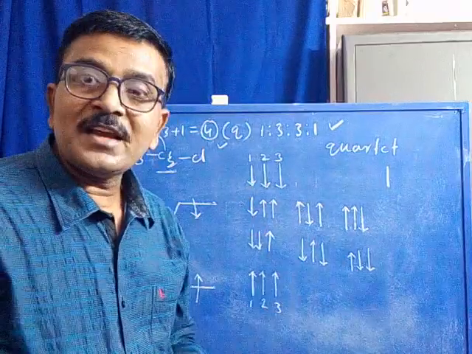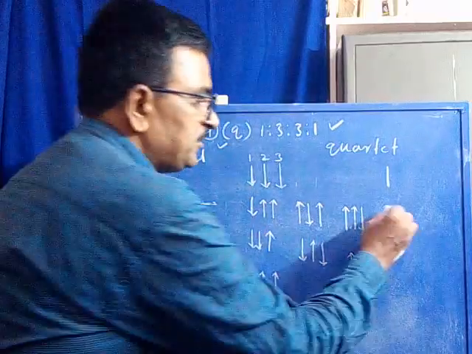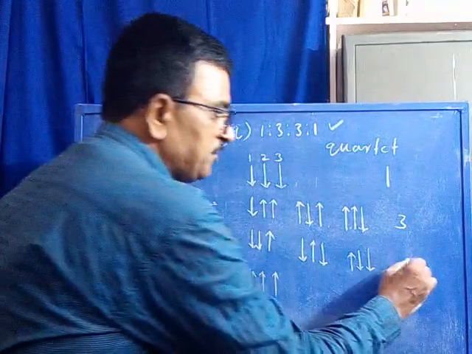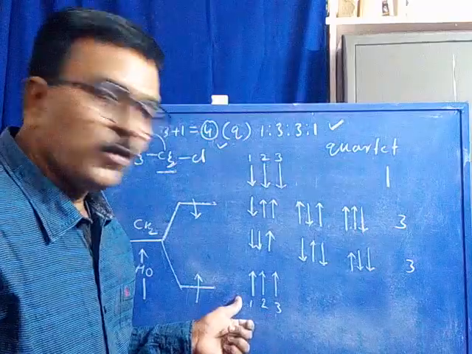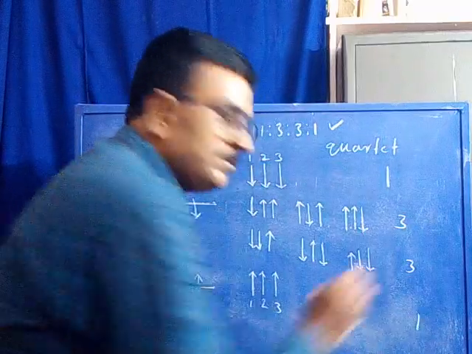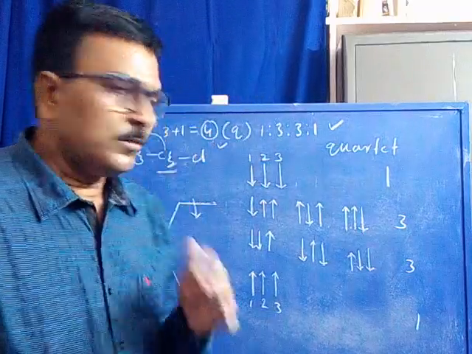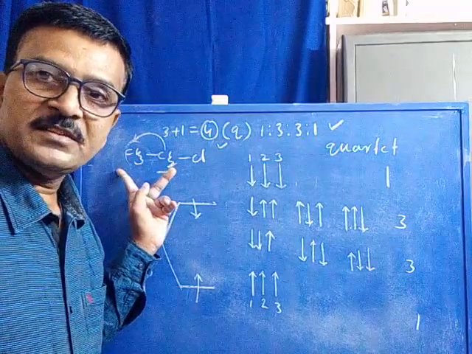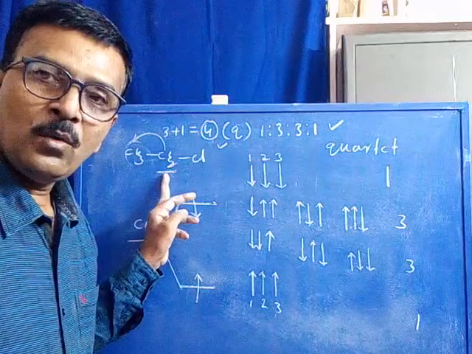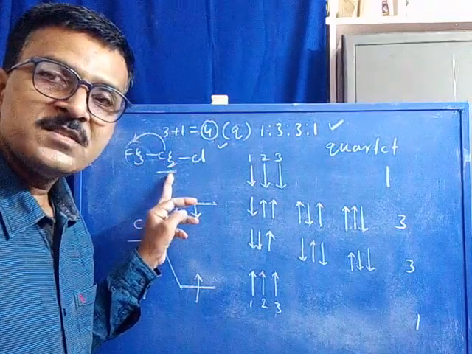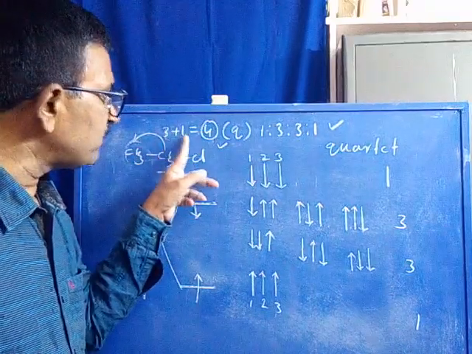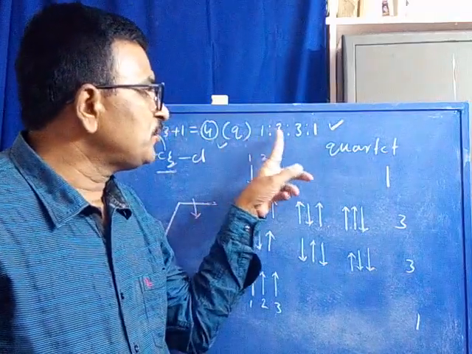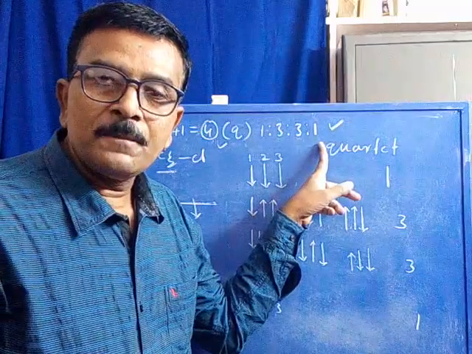Similarly, the third orientation has 3 combinations. The fourth orientation has 1 combination. Is it clear? Now, a CH2 when coupled with CH3, according to the n+1 rule, the CH2 proton signal appears as 3 plus 1 is equal to 4 lines. That is a quartet with 1:3:3:1 intensity.